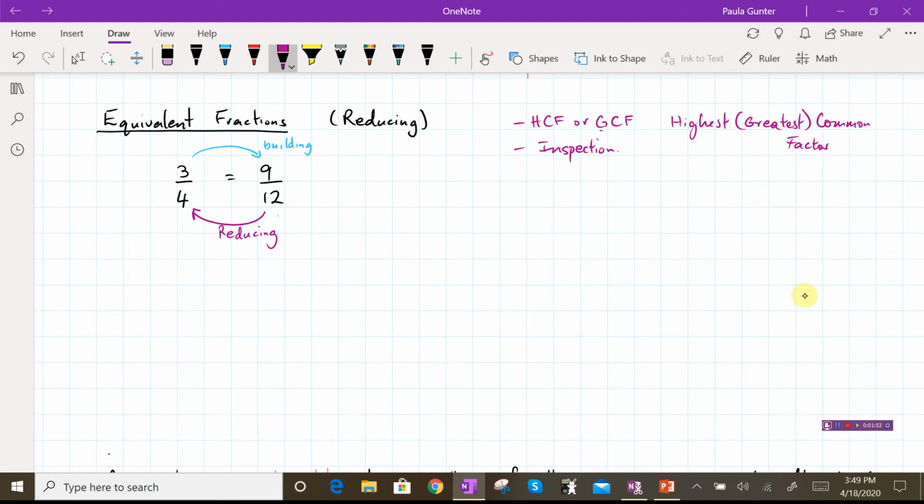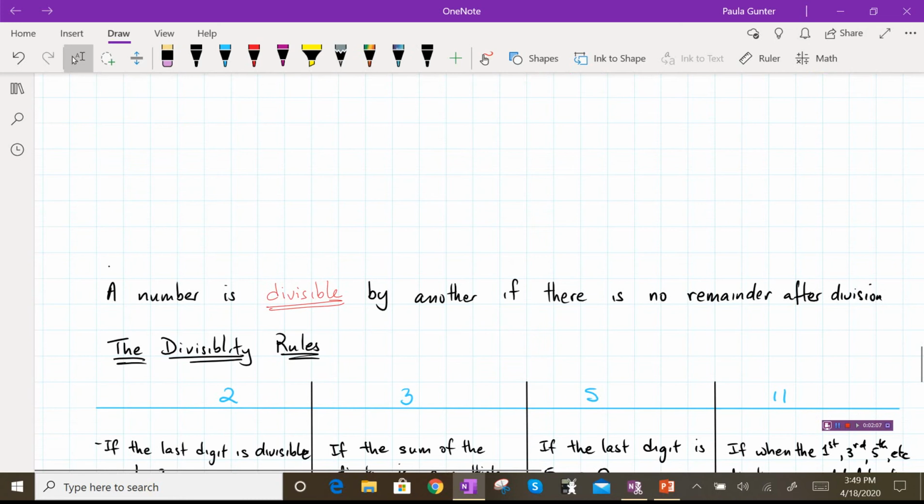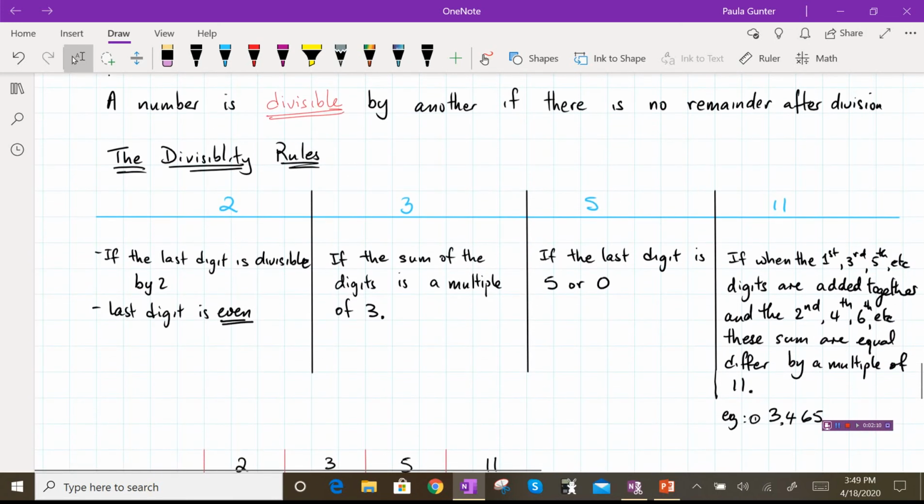Now, before we can start looking at the HCF or GCF method, the first thing that we need to recall is this idea of divisibility. So let's go back to something that we learned with nice whole numbers, right? We say a number is divisible by another if there is no remainder after division. So the divisibility rules for some of the first 4 prime numbers, 2, 3, 5, and 11, are given here.